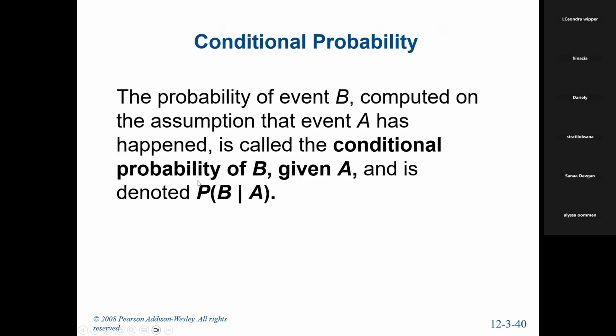Anytime they give you a problem and ask to find the probability given an event, you're talking about the conditional probability. And it is denoted P of B given A, okay?